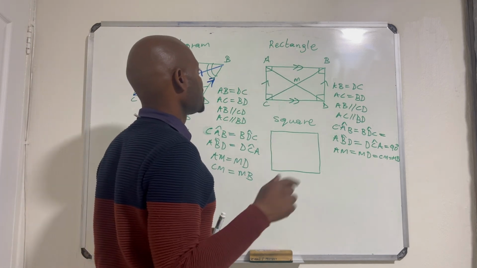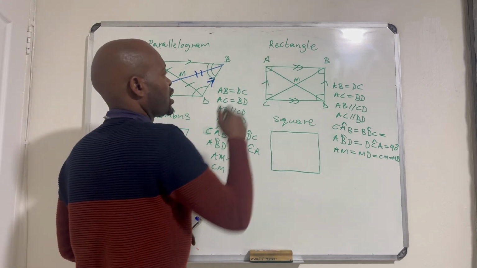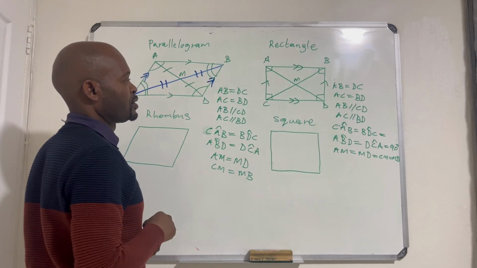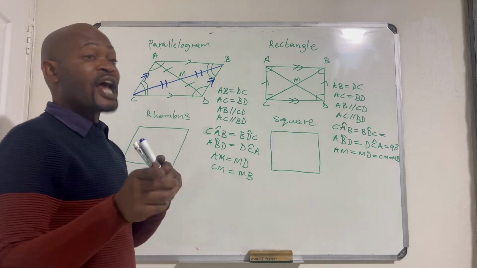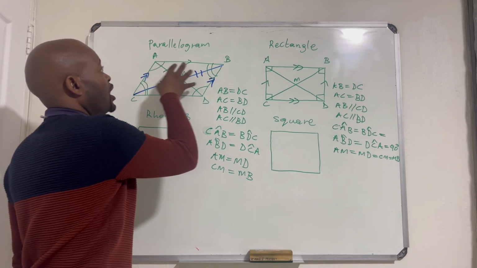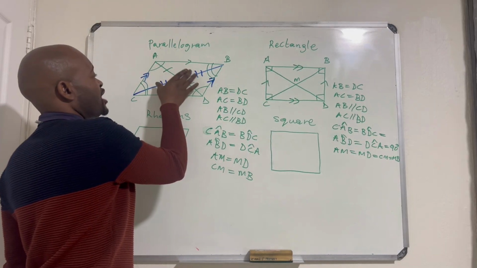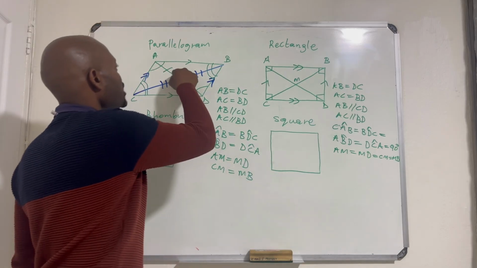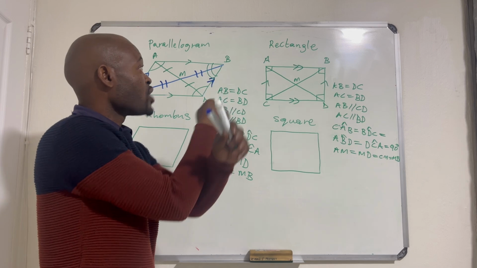We are still going to talk about whether a parallelogram is a rectangle or whether a rectangle is a parallelogram. With the diagonals of a parallelogram and a rectangle, they bisect each other, but not perpendicularly, not at a right angle.